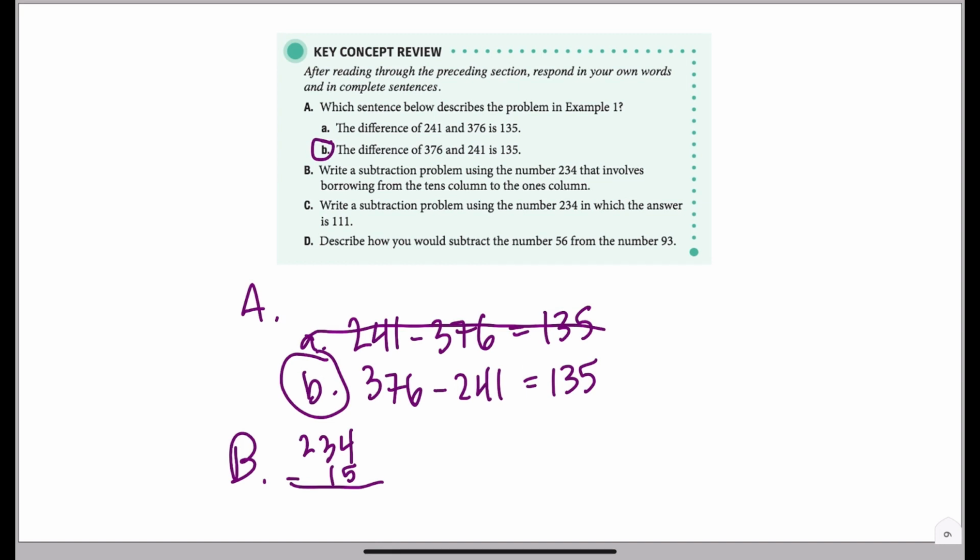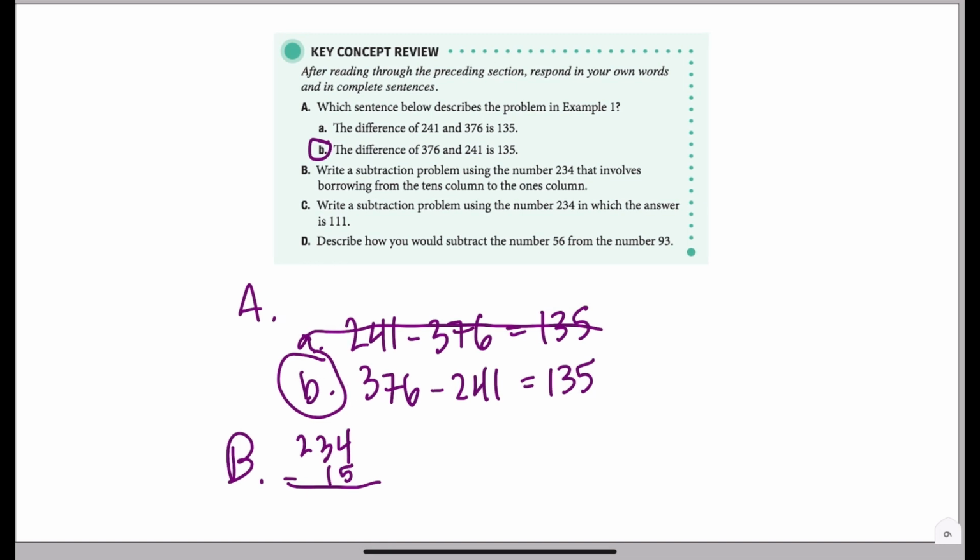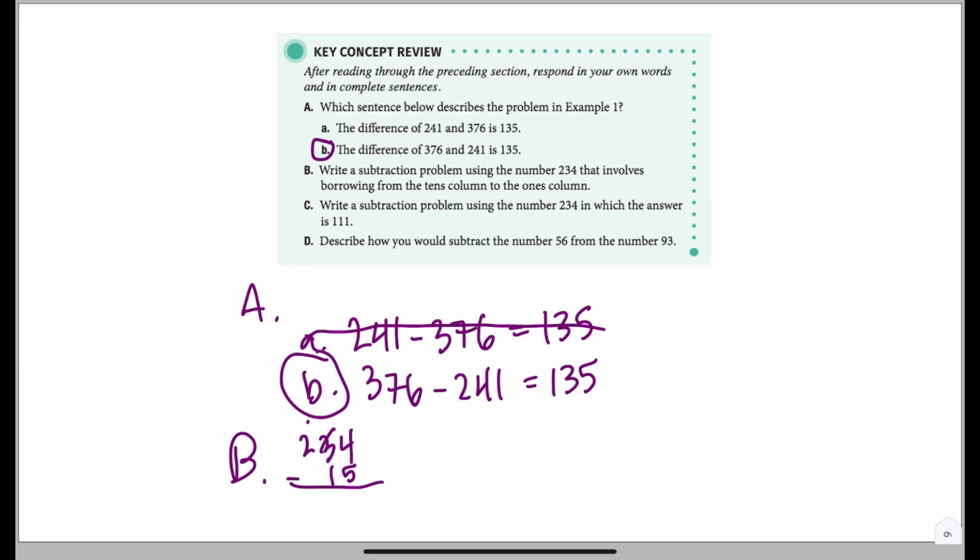It doesn't have to be a lot of borrowing, but 4 minus 5 can't be done, so I have to borrow from the 3, make it a 2, and give one of them to the next place value over. So instead of 4, we're looking at 14. 14 minus 5, that's 9. That can be done. 2 minus 1 is 1, and the 2 comes down. So there's my example for B. I hope you come up with a different one.